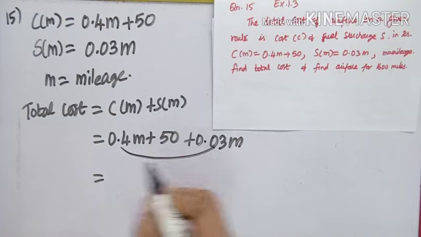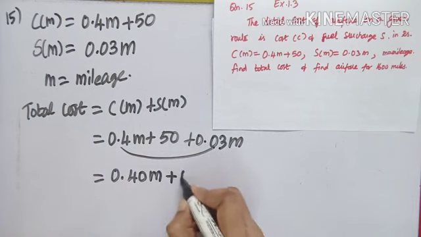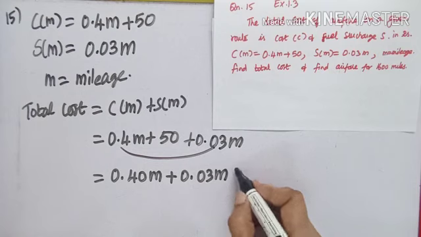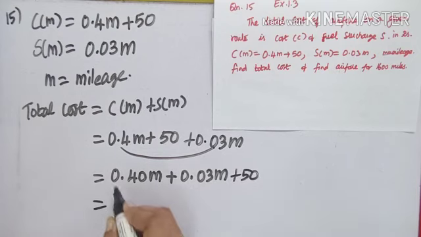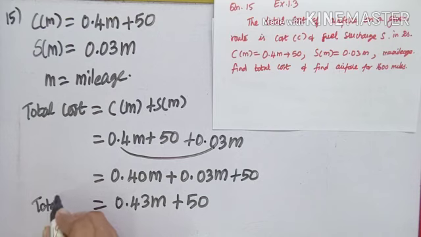Adding these two, it is 0.40 m plus 0.03 m. Make it as two decimals so that you don't make a mistake. Plus 50. And this is nothing but 0.43 m plus 50. So we have written the total cost is 0.43 m plus 50.